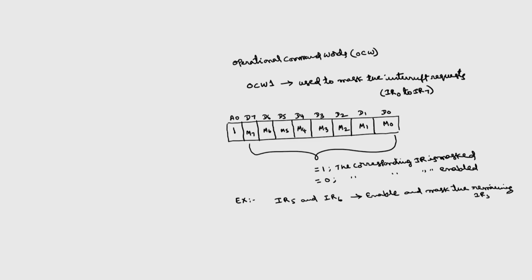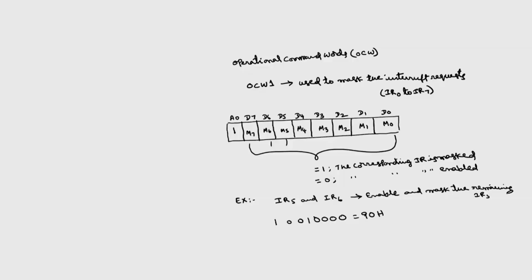Then what is the OCW1? IR5 corresponds to this, IR6 corresponds to this. So these 2 bits should be 0, remaining all should be 1s. 1, 0, 0, 1, then all zeros. This will be 90H. If I load 90H into operational command word register 1, then IR5 and IR6 will be enabled, whereas the remaining all will be masked.